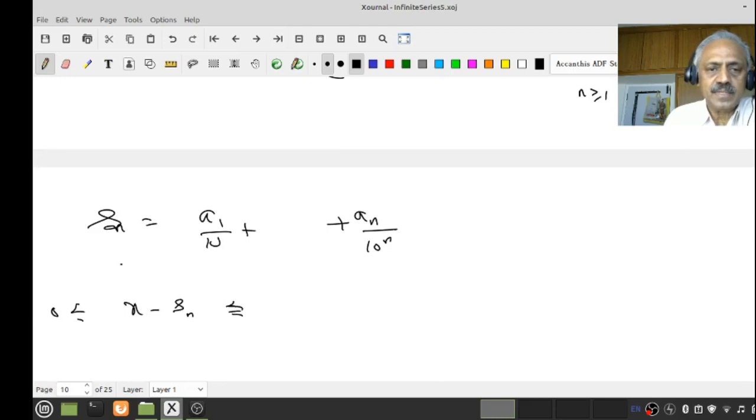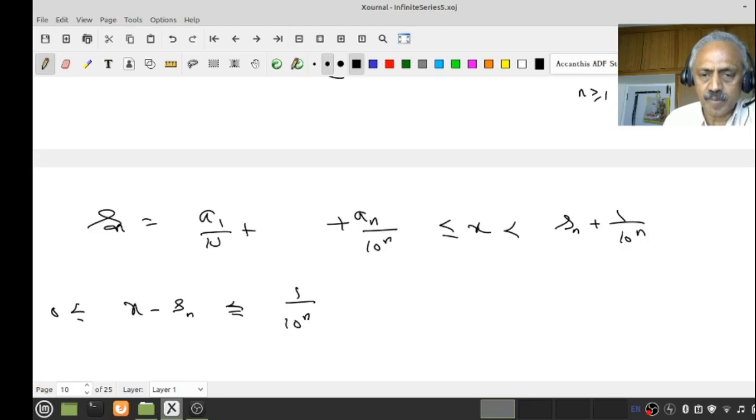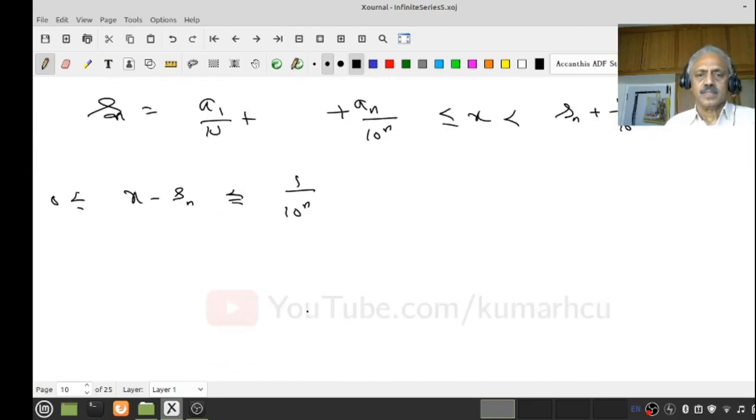We know that Sn is less than or equal to x, but x is less than Sn plus 1 by 10 to the power n, because of an plus 1 by 10 to the power n. Therefore x minus Sn is less than or equal to 1 by 10 to the power n. Now, by the sandwich lemma, this constant sequence converges to 0. Therefore, Sn converges to x.